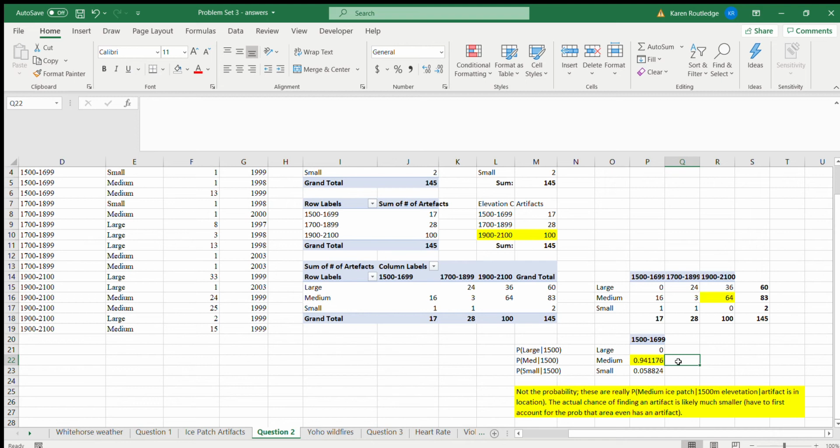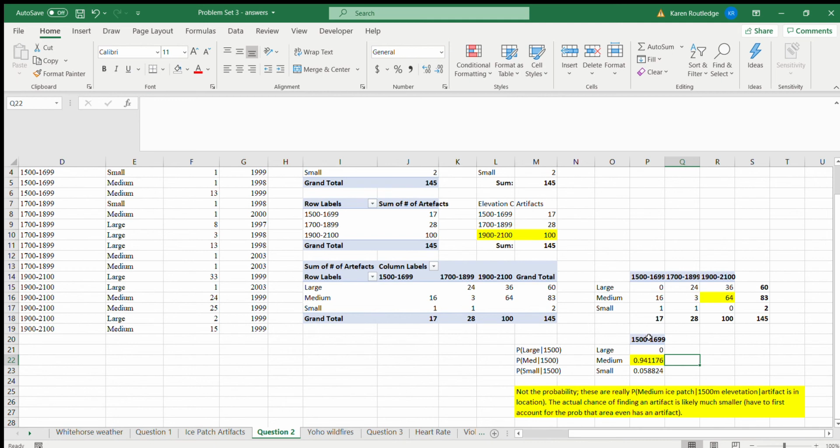At least it's most likely no, because this calculation has a hidden assumption in it, that the probability is based on there being an artifact in a medium-sized ice patch between 1500 and 1699. The chances of there actually being an artifact is most likely much smaller than that.